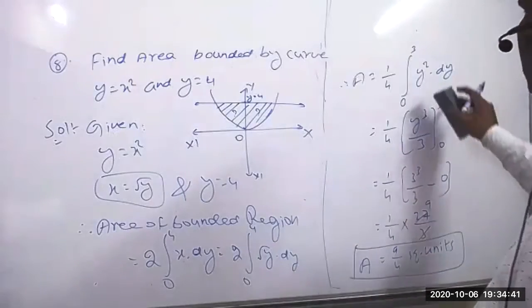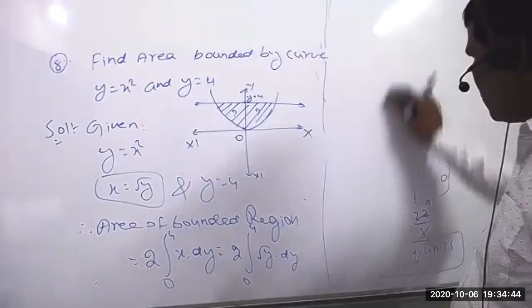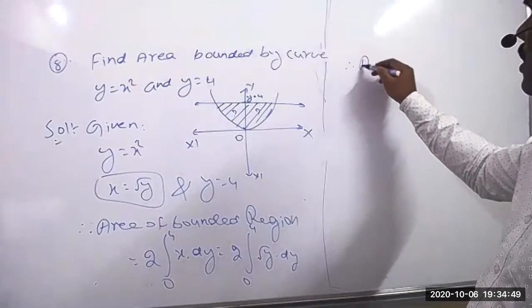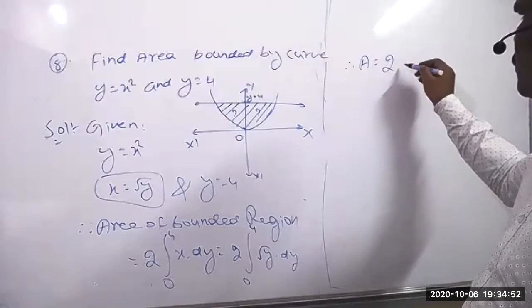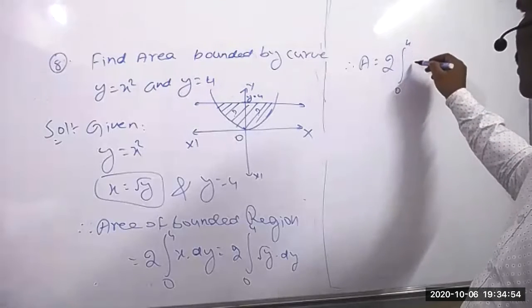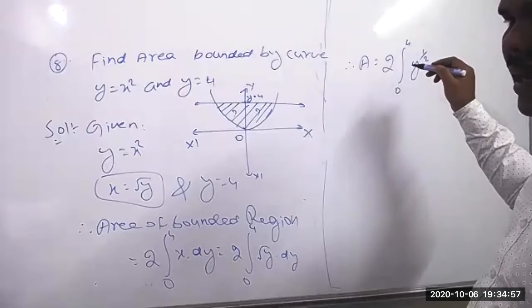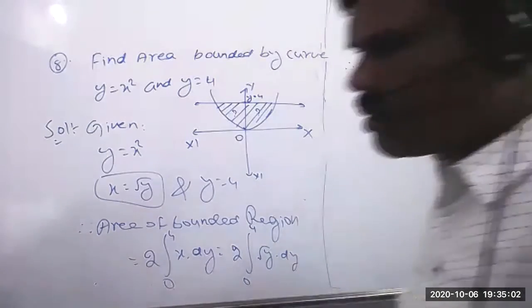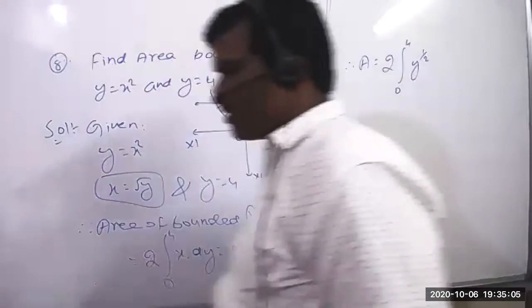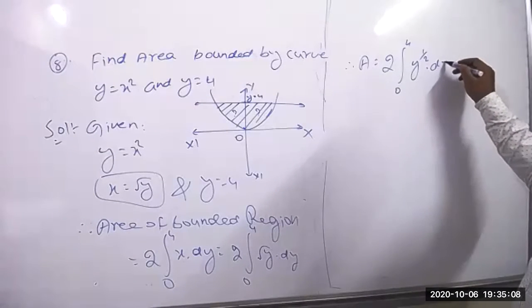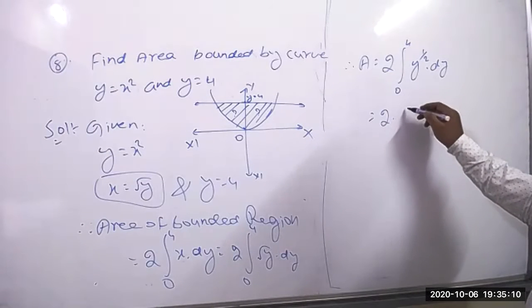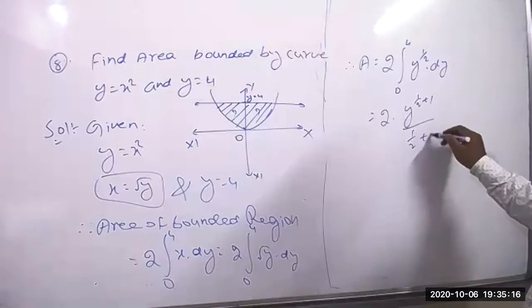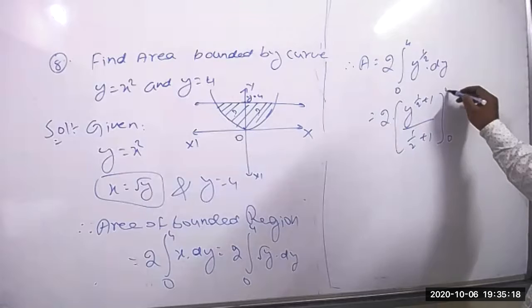Now we can find it. So area is equal to 2 into integration of y power 1 by 2 plus 1, that is y power 3 by 2 by 3 by 2, from 0 to 4.